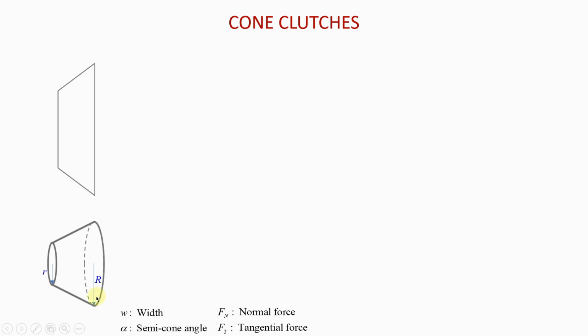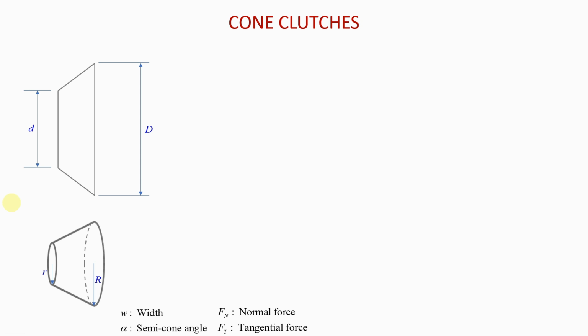You can see also what we refer to as the big R, the big radius, and the small radius, small r. You can see where we measure those. The dimension from here to here is the big diameter, so we use capital D. The one from here to here is the small diameter.